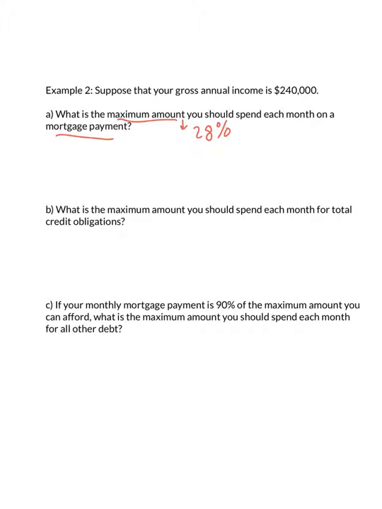So whenever it has that phrase, maximum amount on a mortgage payment, they're expecting you on the homework and on the test to just automatically know that that's affiliated with 28% every time.